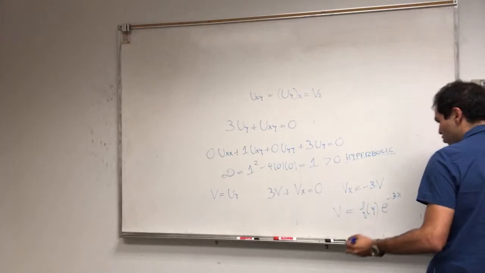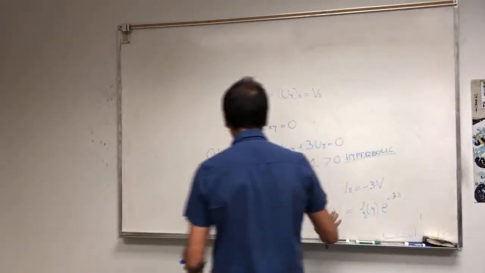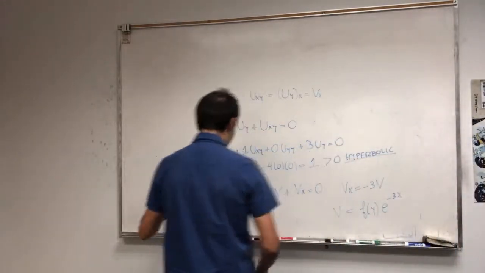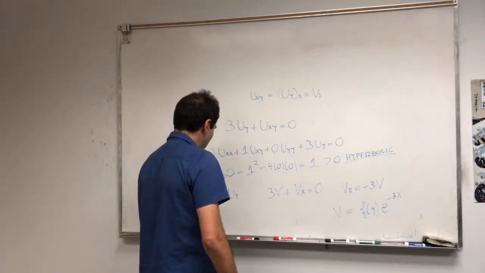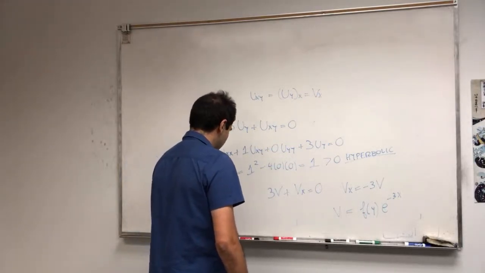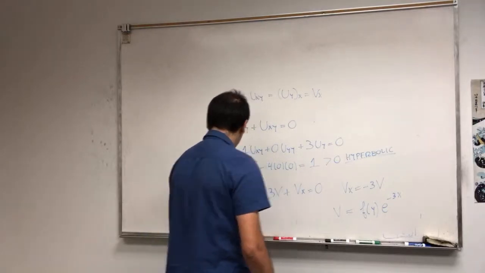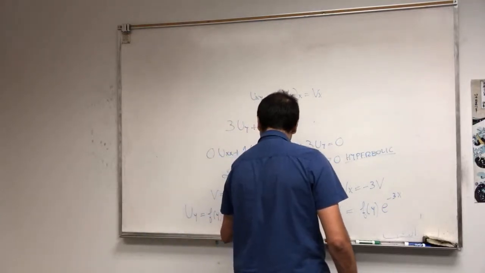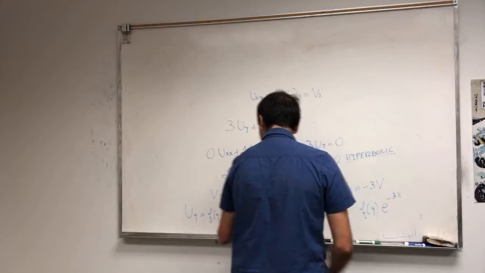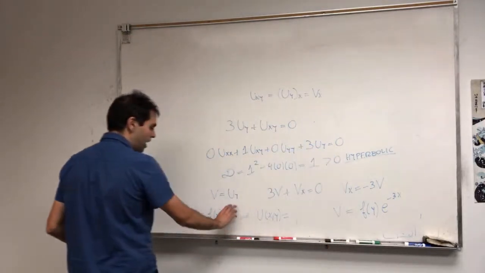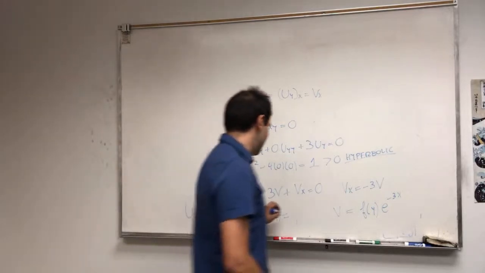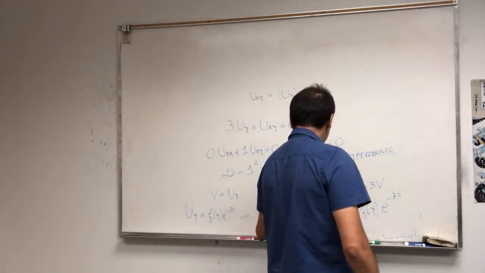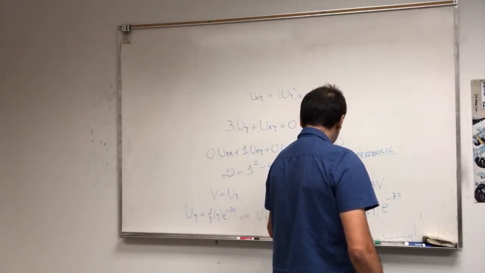And indeed that is true. And then what do we have? But V is uy, so uy equals f of y, e to the minus 3x. Well, what that tells us is u of xy, you integrate that with respect to y. This is just a constant. This becomes an antiderivative of f. So F of y, e to the minus 3x.